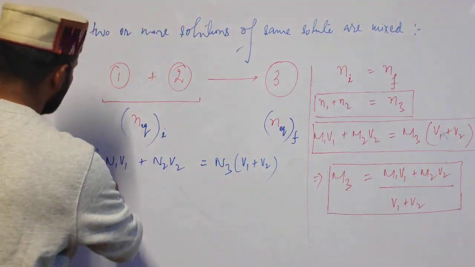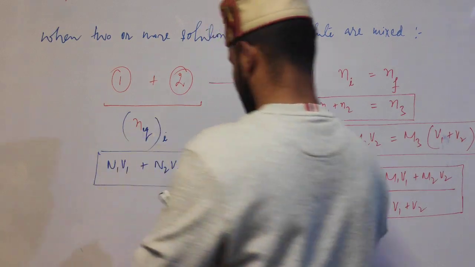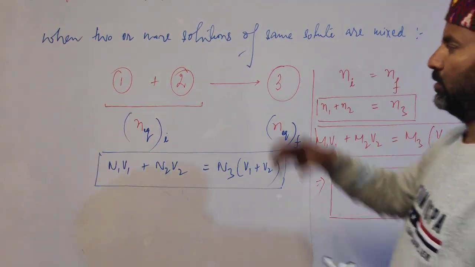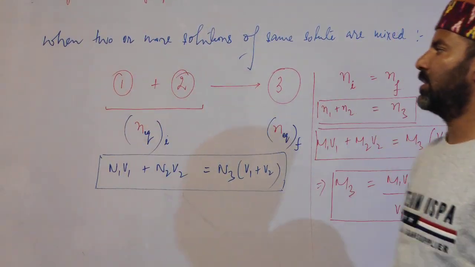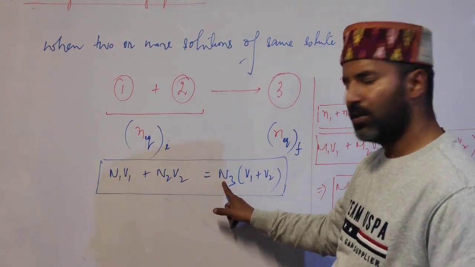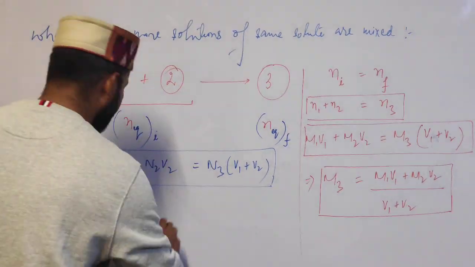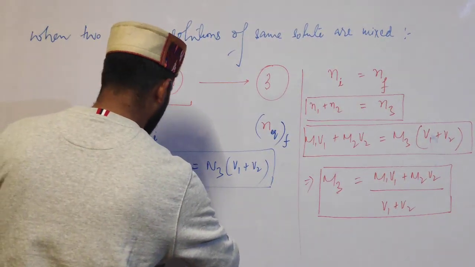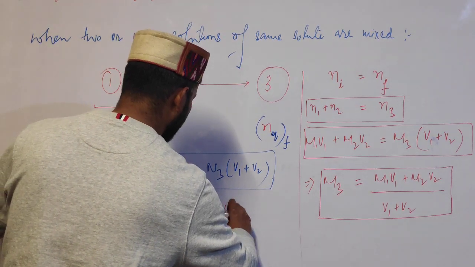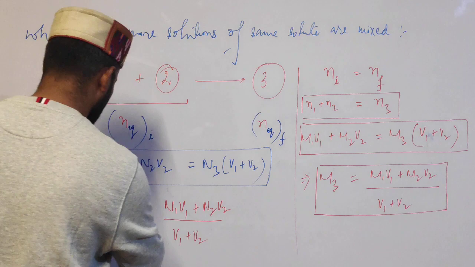So students, this is the normality equation for this case, that is when two or more solutions of the same solute are mixed. From this we can find the normality of the final solution, which will be N1V1 plus N2V2 divided by V1 plus V2.